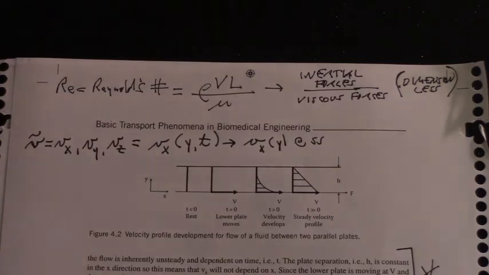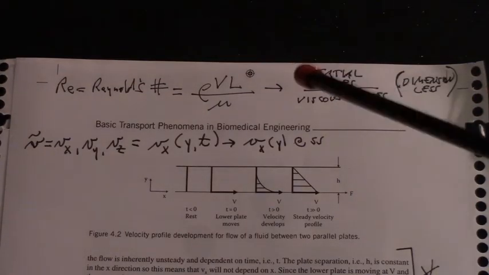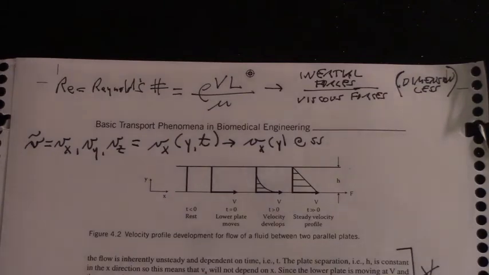When the Reynolds number gets way higher than 1, all hell can break loose in the fluid, and we transition from laminar flow into turbulent flow. There's always going to be a critical number for a system you're analyzing at which the flow transitions from laminar to turbulent flow.